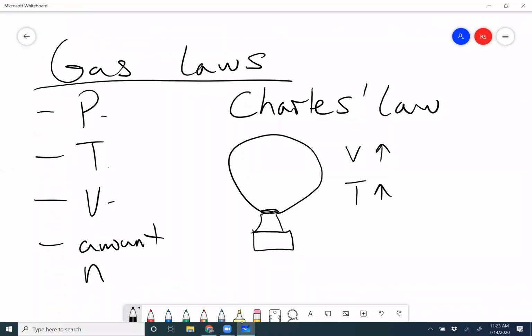So STP is 0 degrees C, but 1 ATM, but it could also be 760 mmHg, or it could be 101.3 kPa. That's all the same thing. Remember that. So this establishes this idea of what's called STP. So if you ever hear in a gas law they're talking about standard conditions, or standard temperature and pressure, that's what they're talking about. And that was just kind of their baseline.